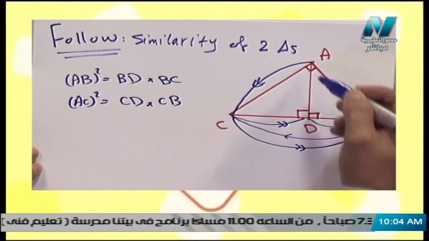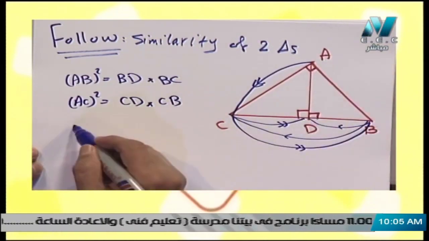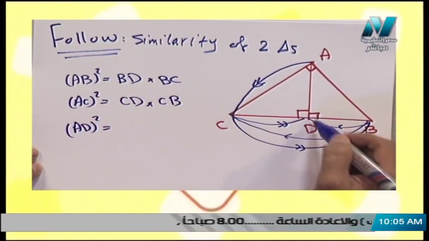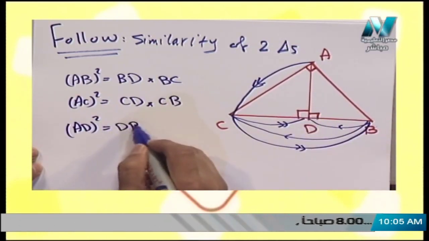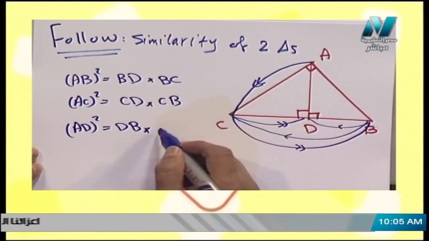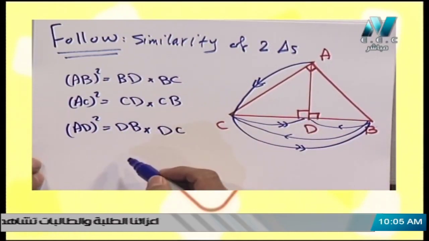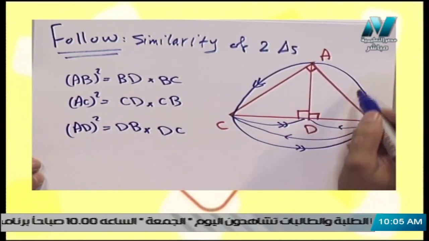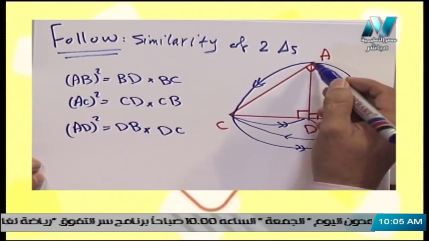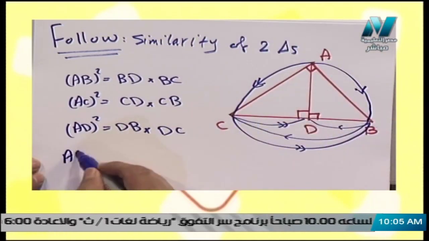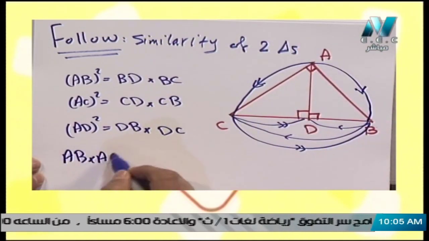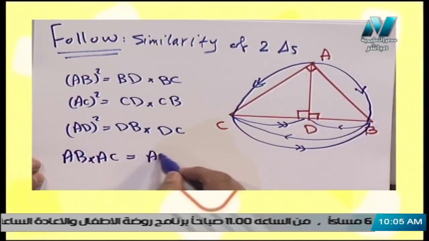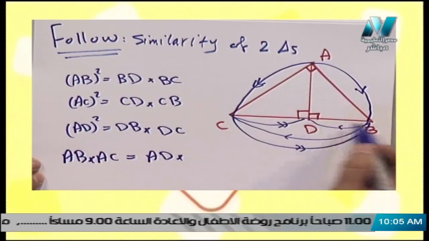and we have also AD power 2 equals DB multiplied by DC, and we have AB multiplied by AC equals AD multiplied by CB.